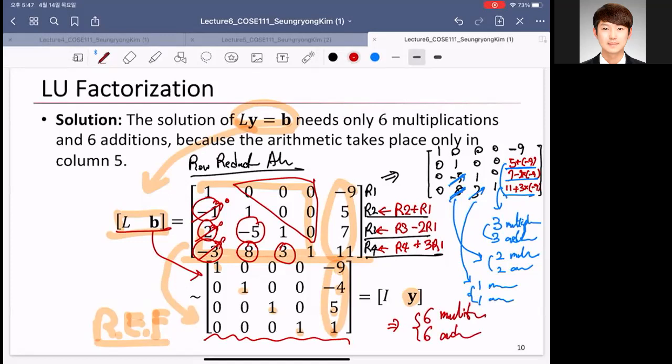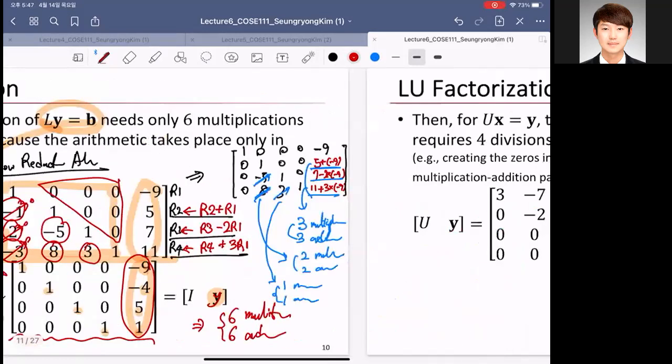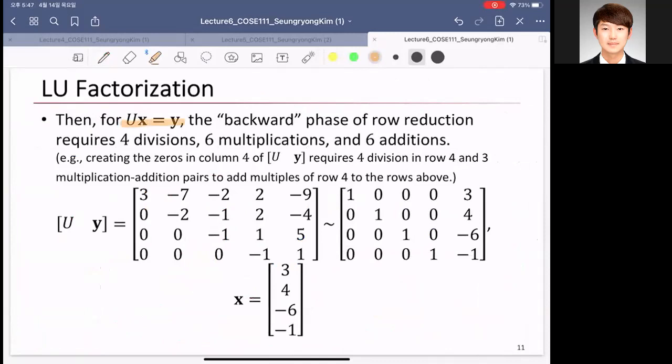Then we find y here, and now we want to know the vector x. So we have to solve Ux equals y. We already know the vector y. Interestingly, solving Ux equals y is the backward phase of the row reduction algorithm.